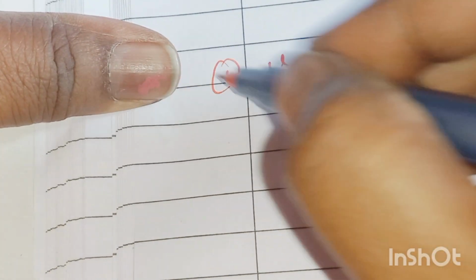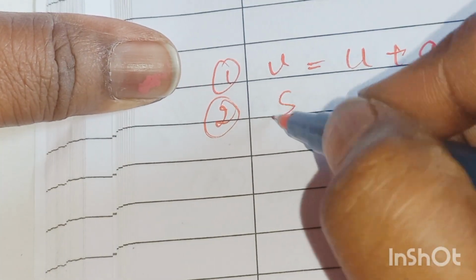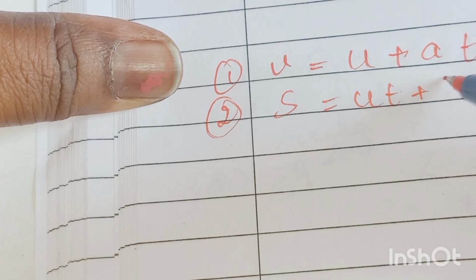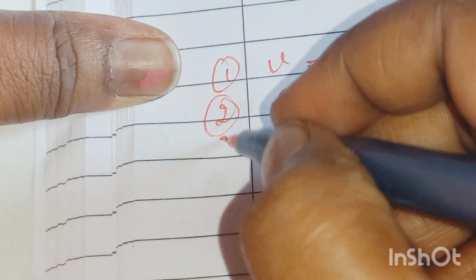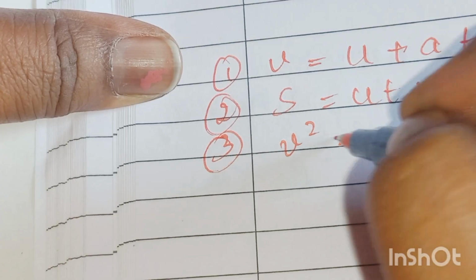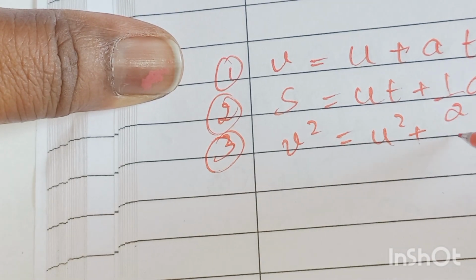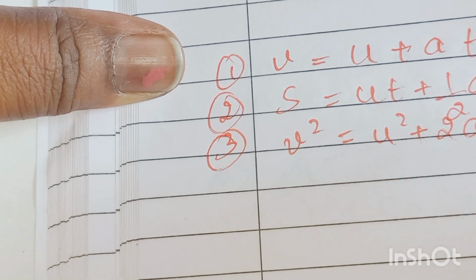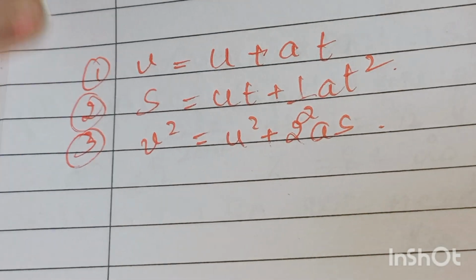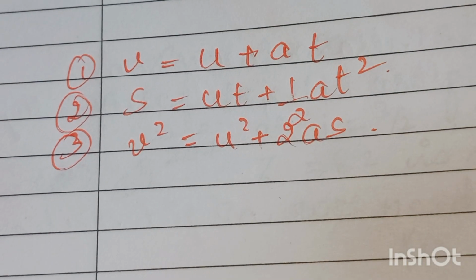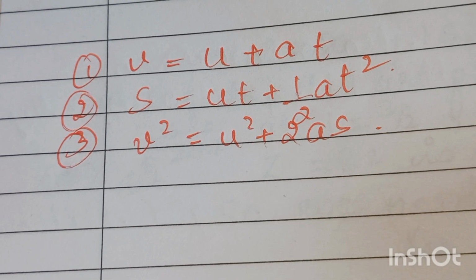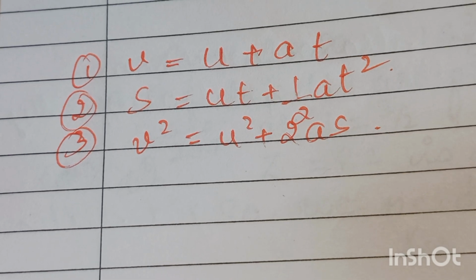This is the first equation. Second is S is equal to UT plus half AT square, and the third one is V square is equal to U square plus 2AS. Okay, understood?